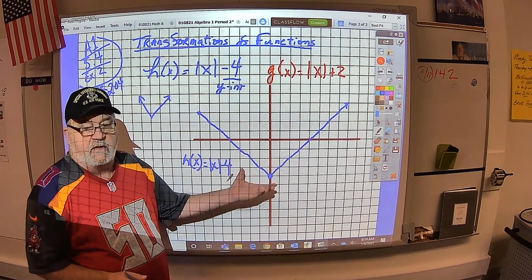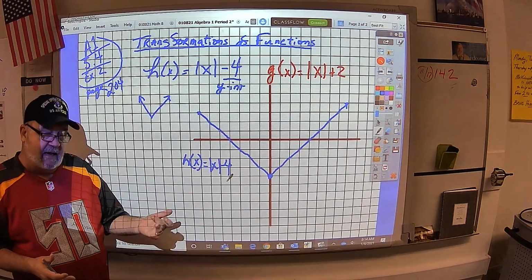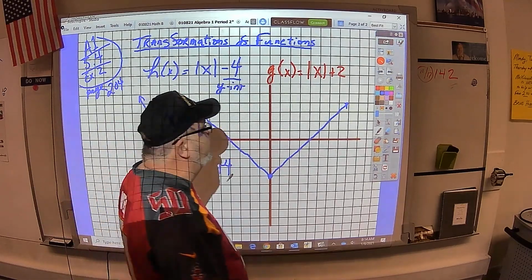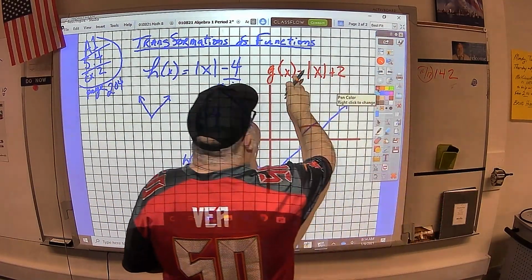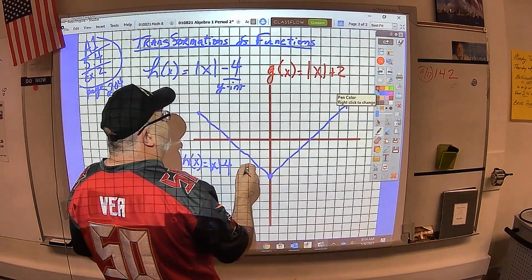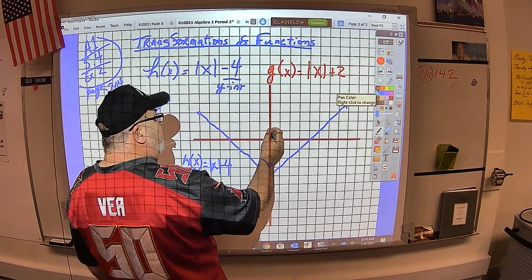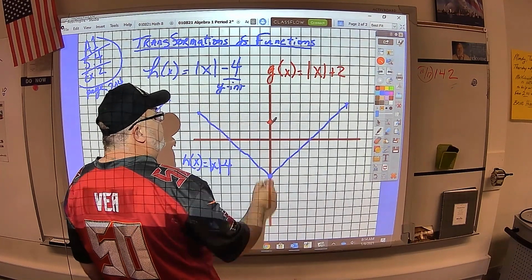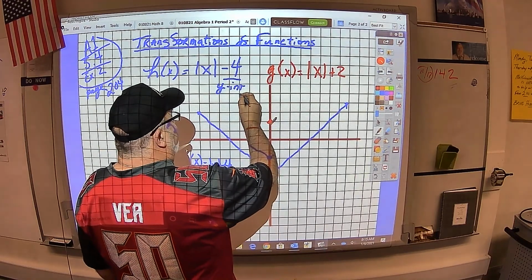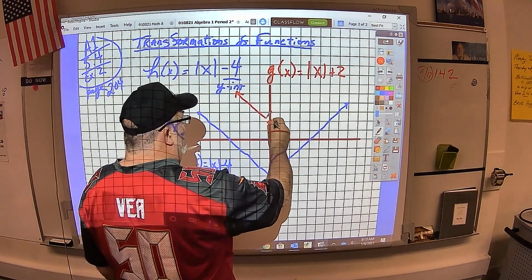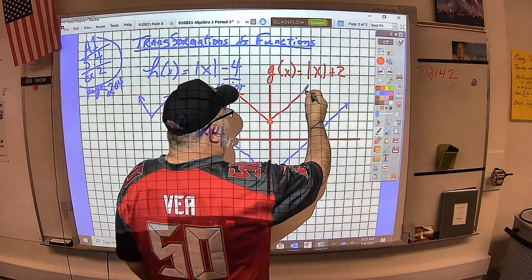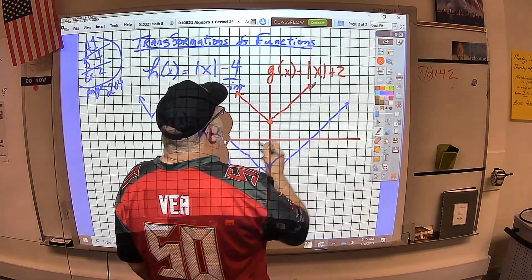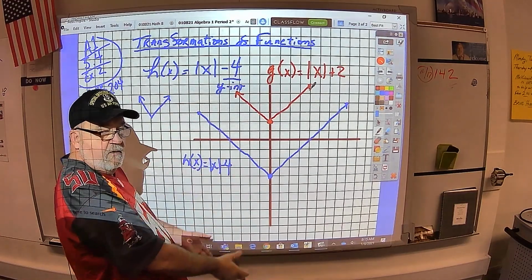Now, if you figure that out and said, oh yeah, I got that, super Mr. Kolesnick, then the next thing you're going to do is make the comparison to g sub x. G sub x, starting out the same way, starts at +2. Same model again. All we did was take the line, move it up or move it down.